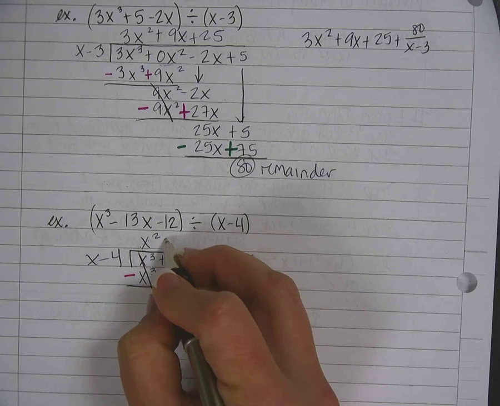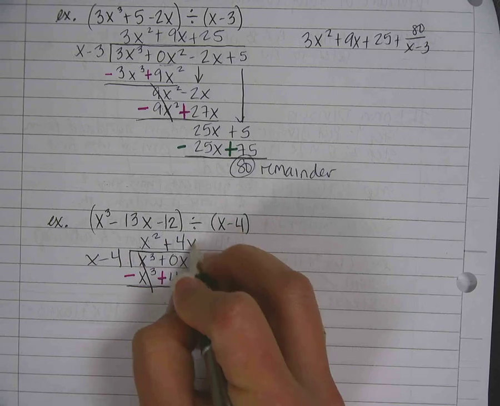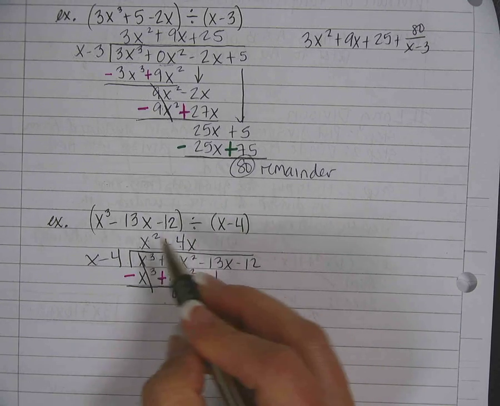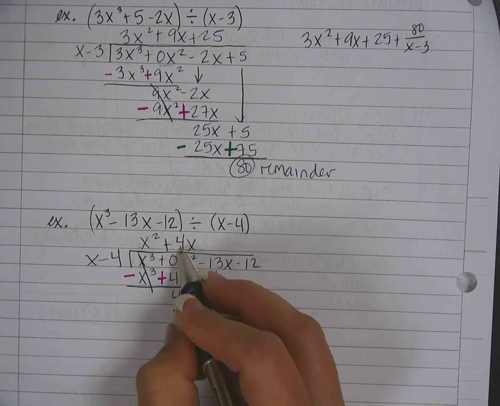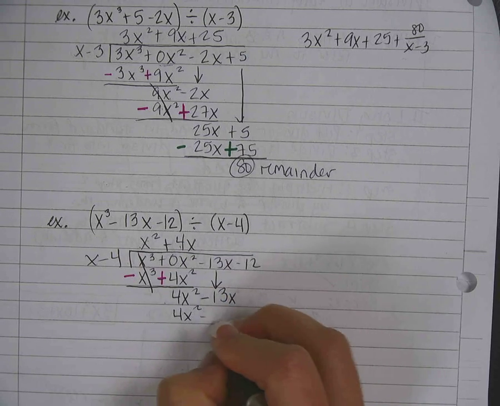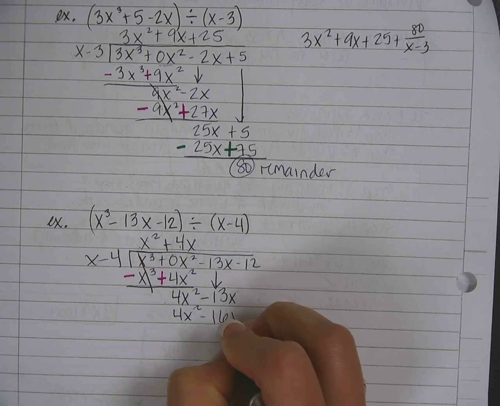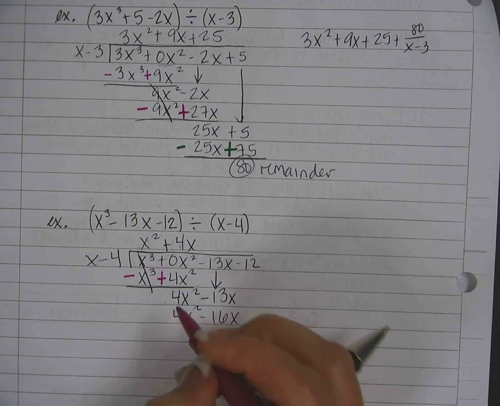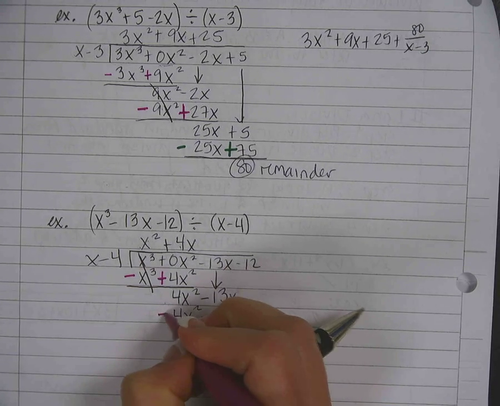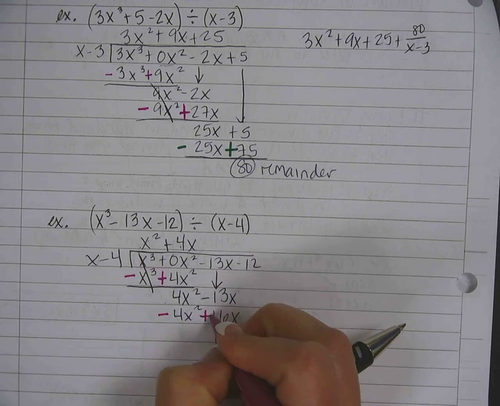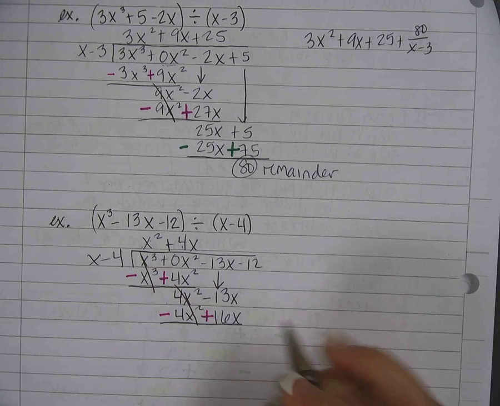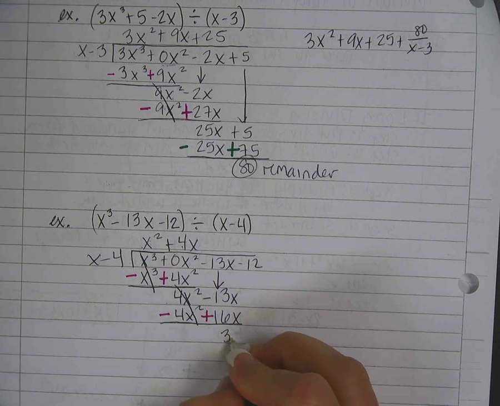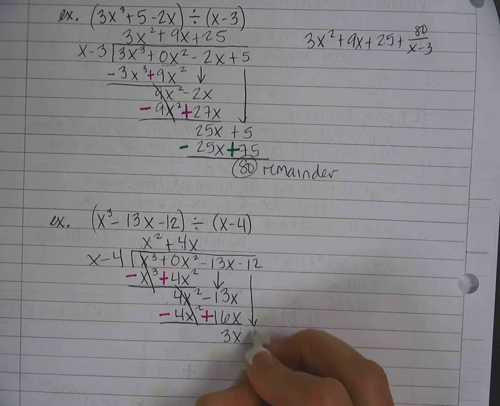So what we're going to write here is plus 4x. 4x times x is 4x squared. 4x times negative 4 is negative 16x. Switch your signs. Negative, positive. These will cancel. And I'll get 3x, and then I'll drag down my negative 12.